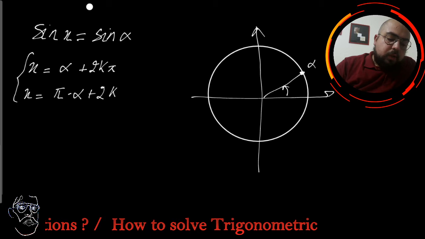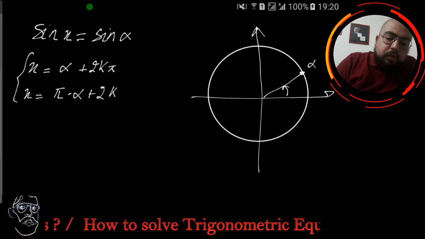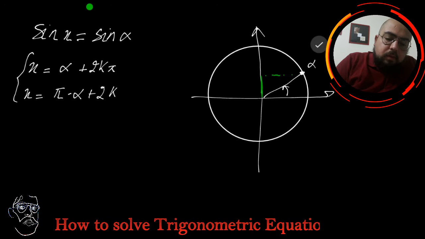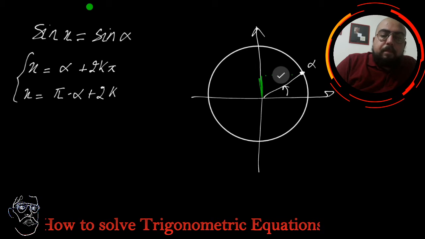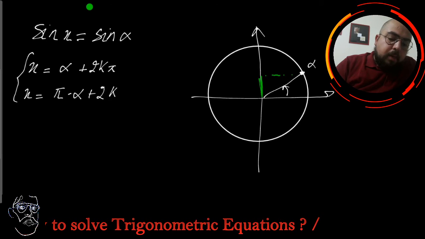Sine of alpha, which is here, represents this segment, which is the same segment as for pi minus alpha.